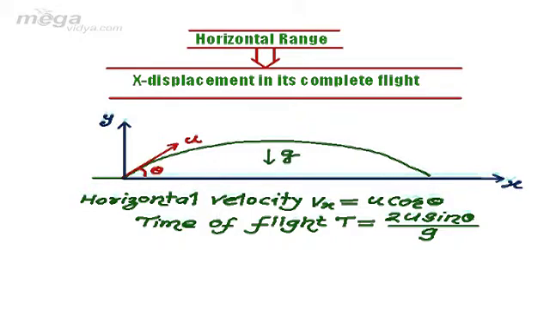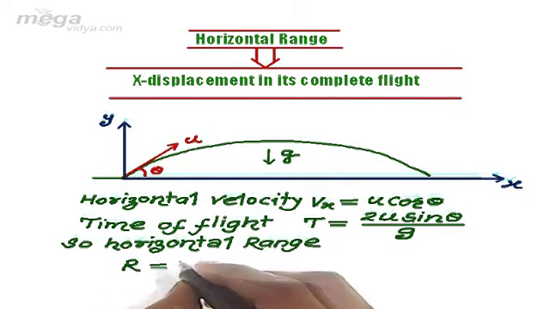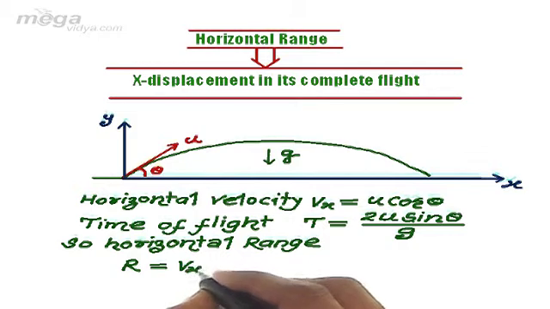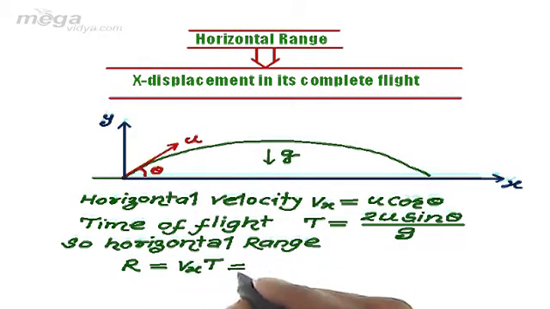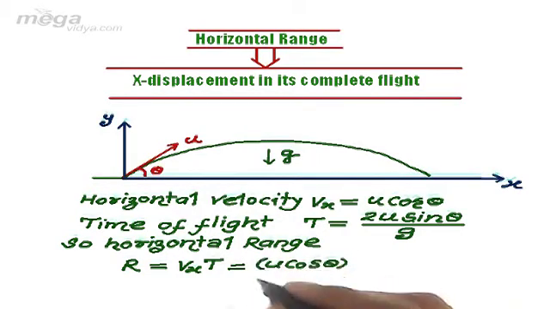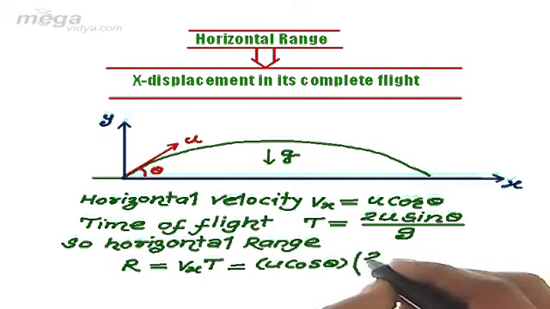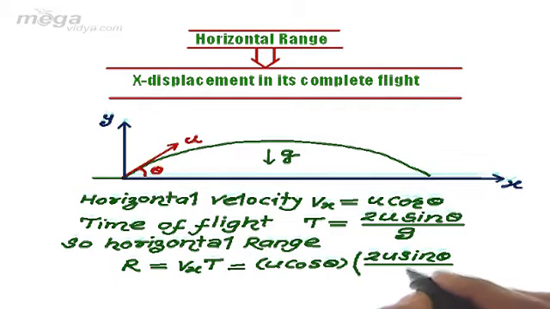So by taking these two values, we can get the horizontal range. R is equal to horizontal velocity into time of flight. As there is no acceleration along the x direction, it can be written as u cos theta multiplied by 2u sine theta divided by g.